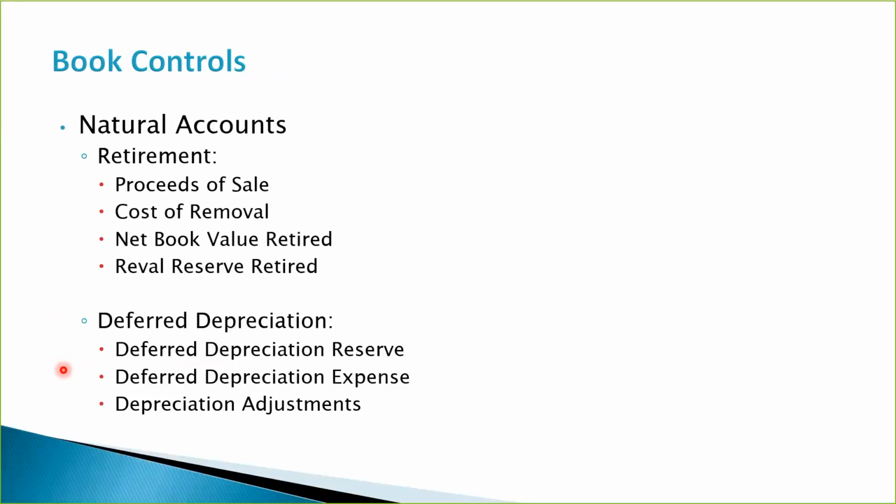And we have some accounts here, depreciation, reserve, and deferred depreciation expense. That's another group of accounts that we'll need to talk about and create, which are important in the process of depreciation. So we had already started talking about the first group of accounts, which are important in the process of retirement.